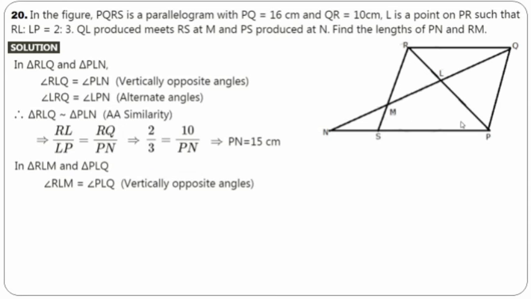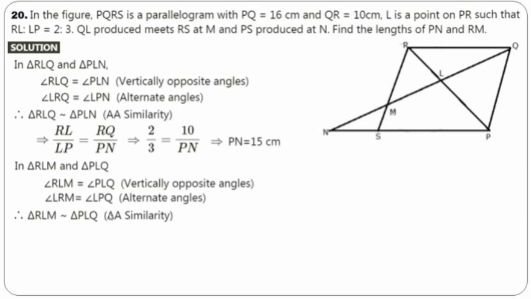So in this case also you have alternate angles, that is LRM, this angle, will be equal to this angle, that is LPQ. So they are alternate angles, so they are equal. So we have shown that two pairs of angles are equal.